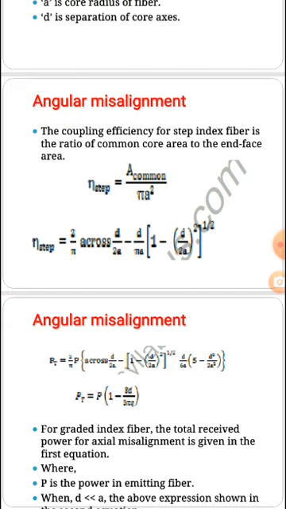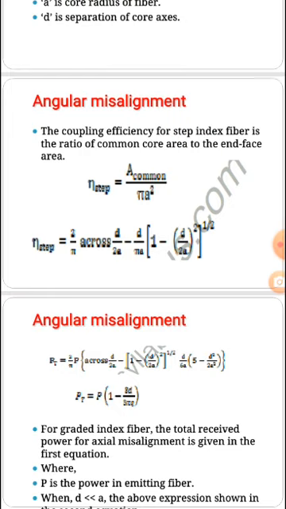That is the total received power for axial misalignment, where P is the power in the emitting fiber, and this is when D is less than A. You know what is D? A is the radius and D is the separation. And the above expression is shown in the second equation.